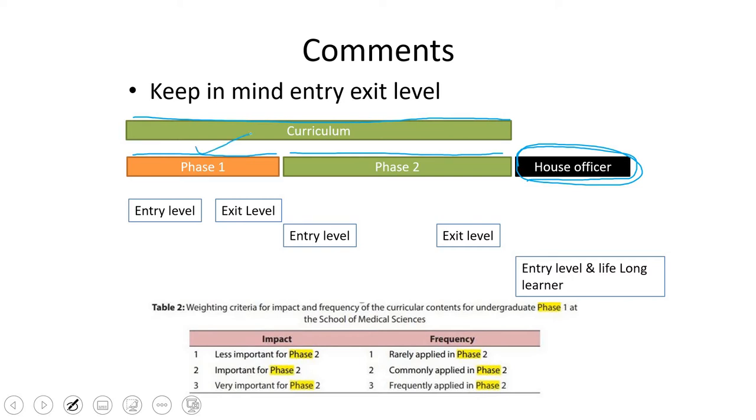This is the entry level, and this is the exit level of this phase, and the exit level of this phase constitutes the entry level of phase 2. In other words, we are preparing the candidate in phase 1 for phase 2, the clinical phase, and we are training him in the clinical phase to become a good house officer. This is very important to understand.